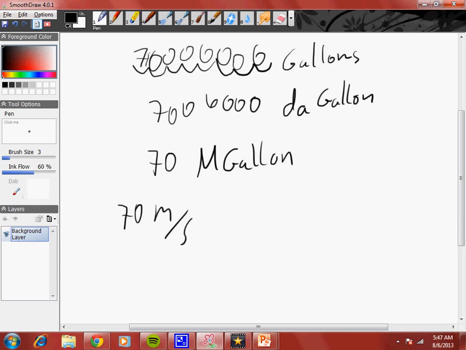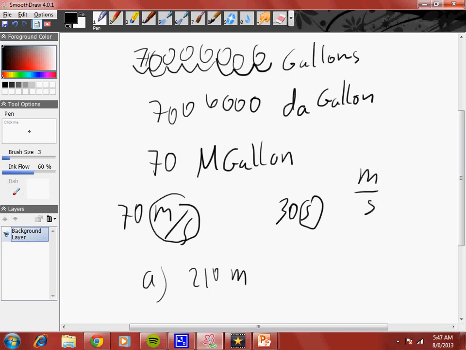a test right in front of you, and they're saying that this person is traveling 70 meters per second, and this person has gone for 30 seconds. And let's say you don't know that velocity times time is distance, but you look at your choices A, B, C, D, and A is saying 210 meters.